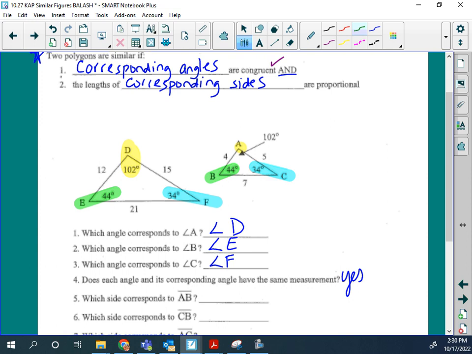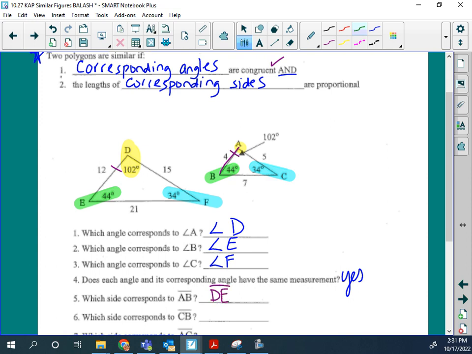Well, which side corresponds to AB? AB is this one right here, correct? So I'm going to put a little mark on that one just so I know what I'm talking about. AB was that one. Well, that would correspond to this one right here. See how it's between the yellow and the green on my paper? So the side that corresponds would be DE.